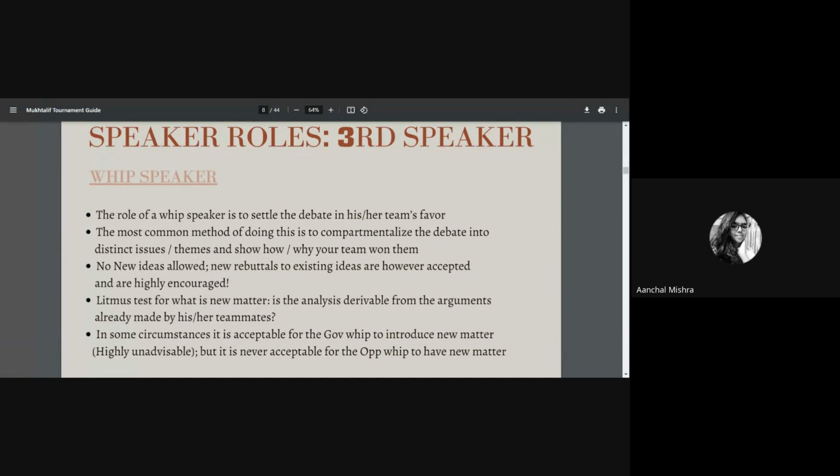The opposition just has to prove that banning plastics will not actually solve all the problems the government has presented. And also the opposition can come and talk about alternatives. Like a full-on blanket ban won't help, but rather educating people to use less single-use plastic might help. So alternatives can be presented.